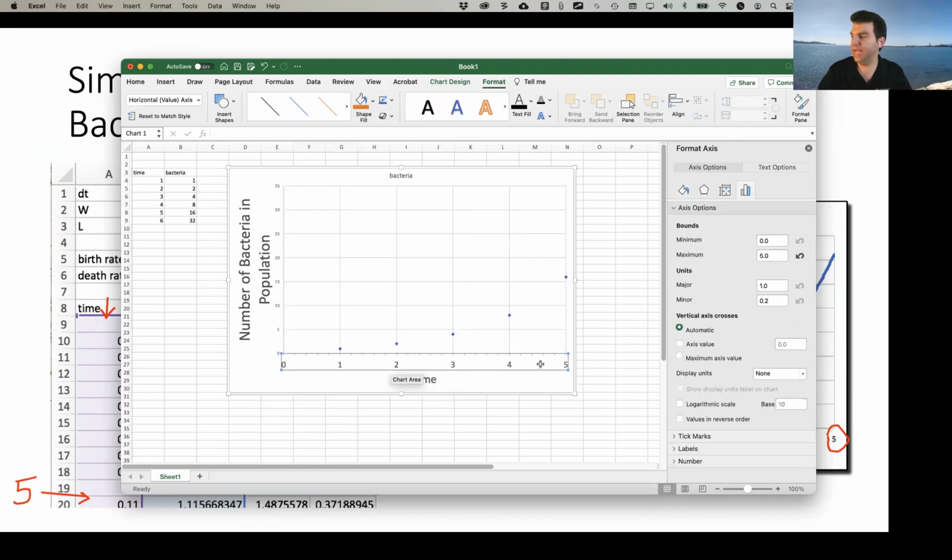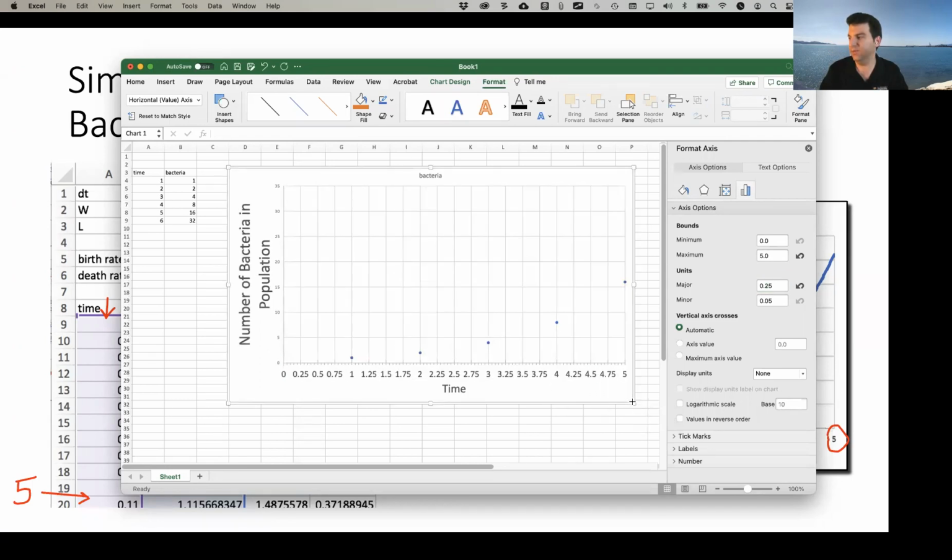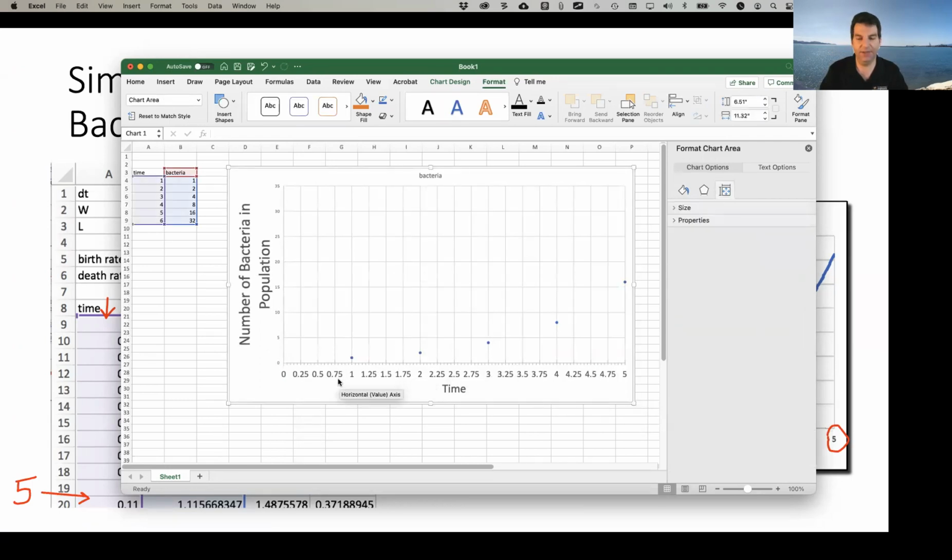Then under the axis options, click on the thing that looks like a bar plot. You'll see it says major units 1. If I change that to 0.25, it puts in a mark at every 0.25. That's pretty ugly for this width, so I can make this a little bit wider and maybe it looks a little better.